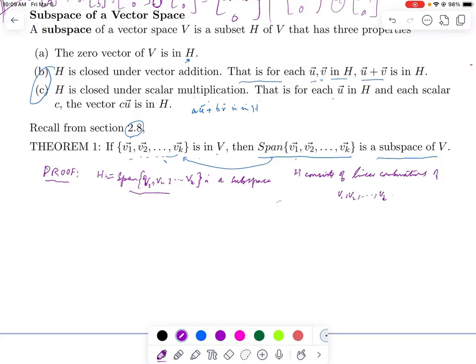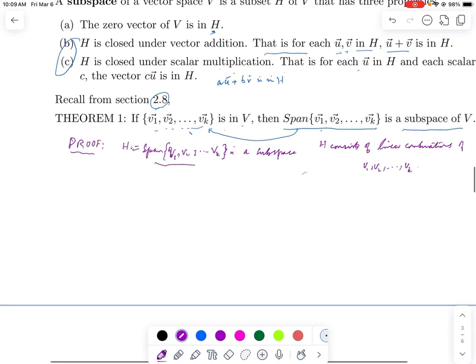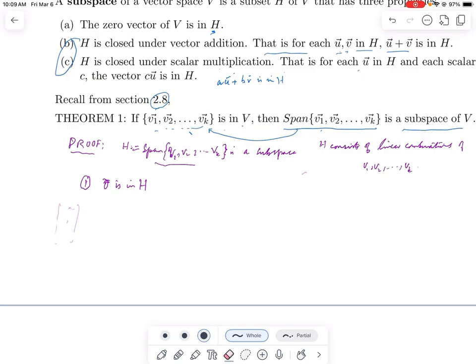Every element in H can be written as a linear combination of the vectors in that set. So first, we claim that the zero vector is in H. Again, remember, this is not our usual 0, it can be any type of zero, whatever the space is. So 0 is in H.